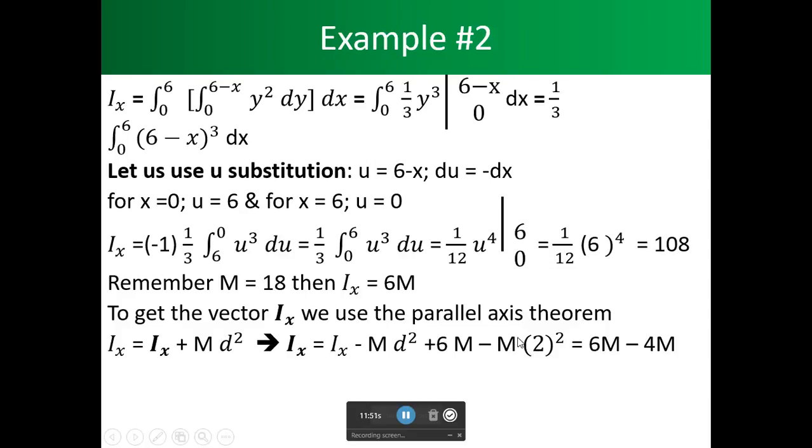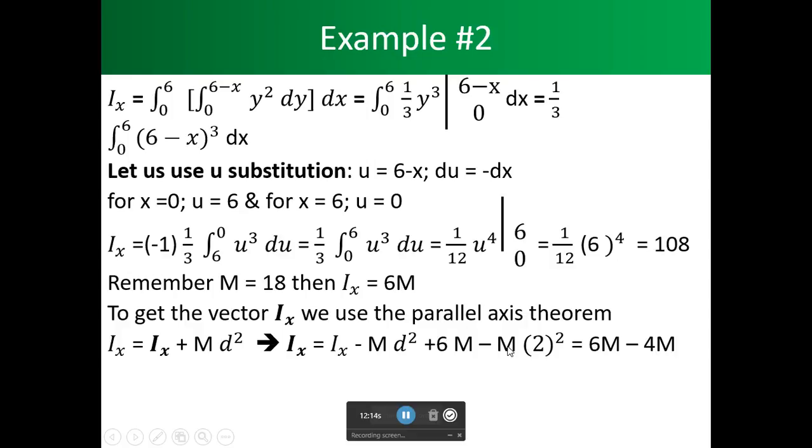So what we can do here, because we do know what our m is, so now when we subtract these out, the 6m minus the 4m, that's what this is.